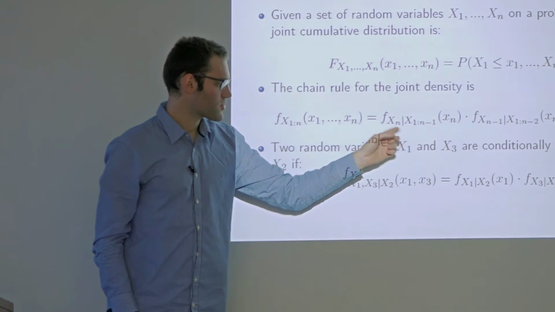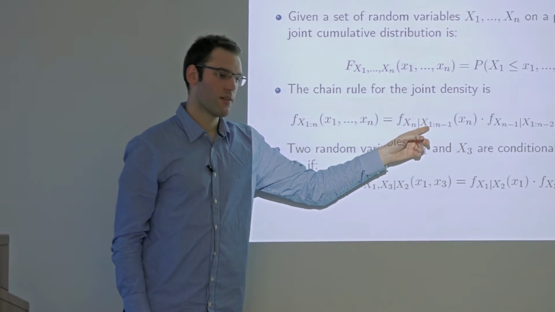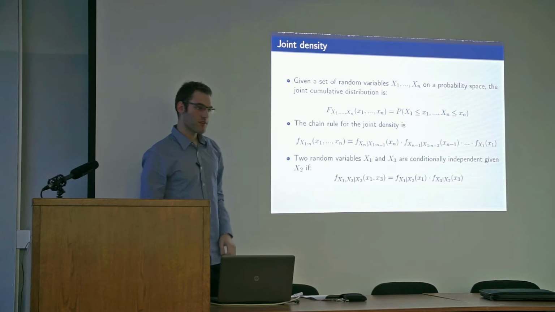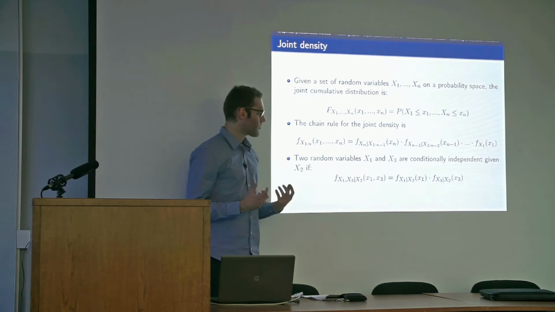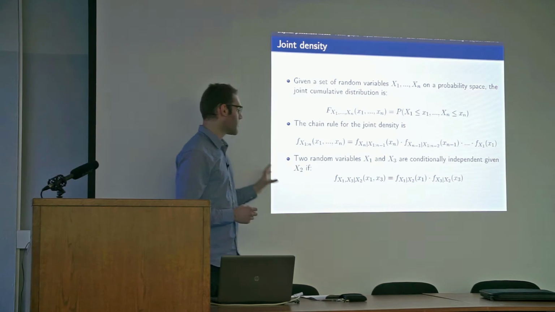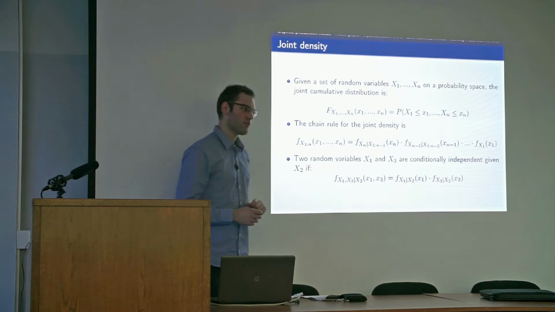So I chose the notation x_n conditional on 1 till n minus 1, and then n minus 1 conditional on all the previous. Another quite important concept we're going to use for the graphical models is conditional independence.